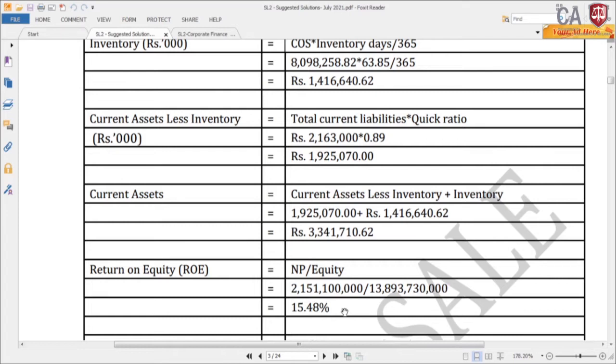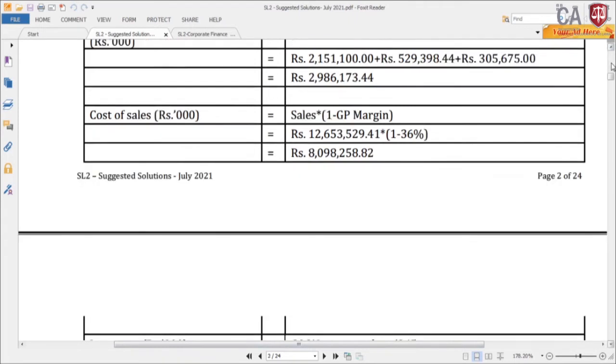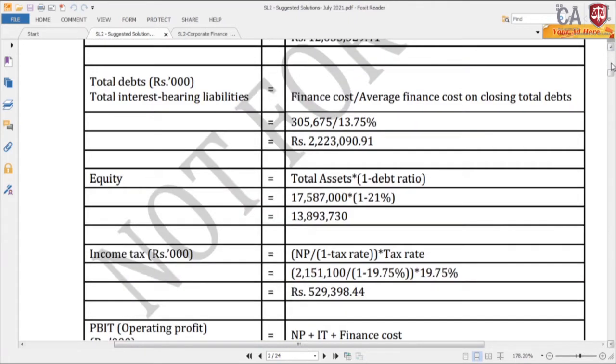So please note that we have got the profit after tax from one relationship and the equity amount from another relationship. So basically we are comparing the variables, we have got profit after tax and the equity, and got the return on equity for the company. This is how each and every ratio you need to get, by taking the variables from other ratios and what is given in the question.